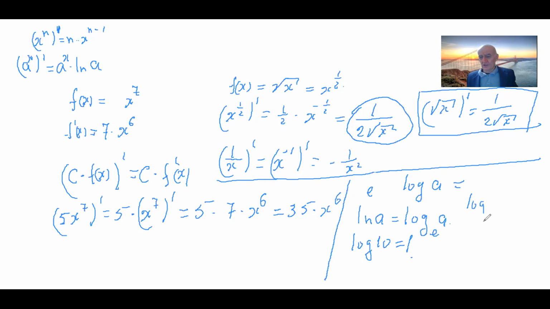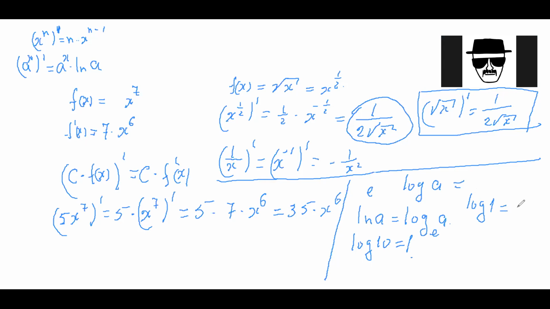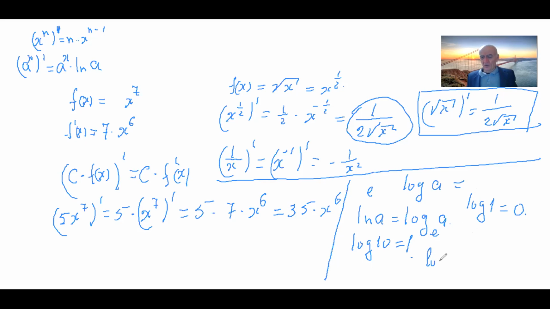Okay, what is the logarithm of 1? It's 0. In general, the logarithm with base a of b equals c means that a to the power c equals b. And this is 0 because 10 to the power 0 is 1.